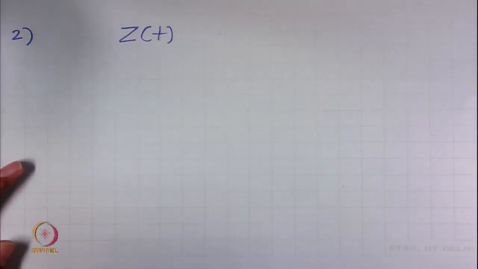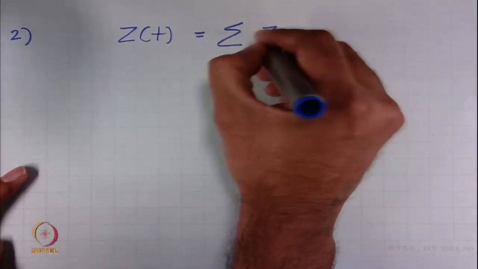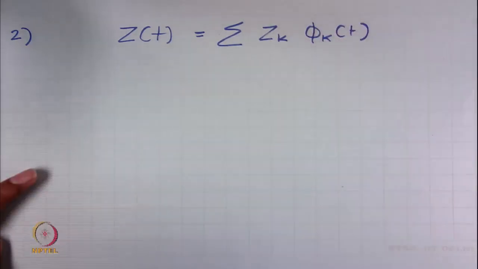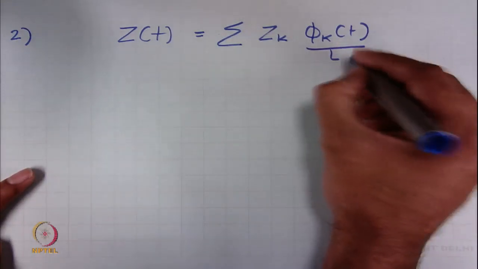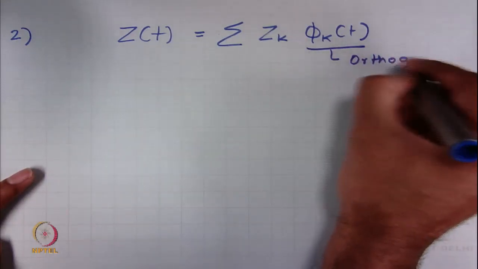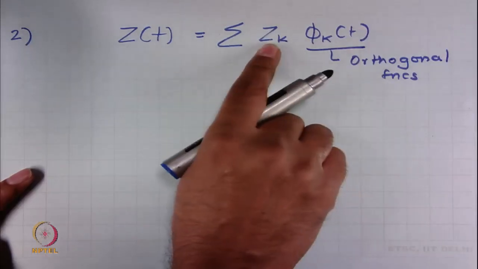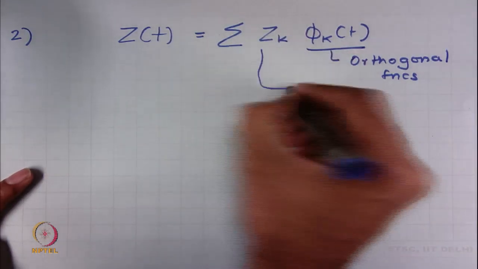I have a random process z of t, which I write in terms of orthogonal functions. So, phi k of t are orthogonal functions, and z k's are the coefficients of these orthogonal functions, and these z k's are random variables.